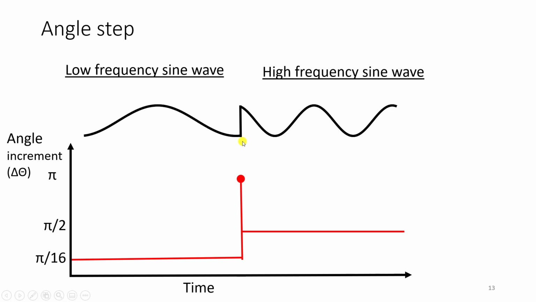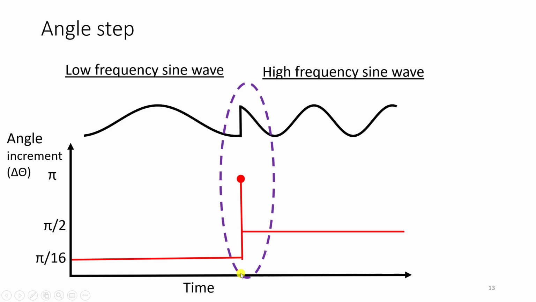This jump right here is because to go from this point to this point, we had to add pi radians. And so this jump in angle, an angular step, caused that frequency leakage because the derivative of phase is frequency. And so that's causing the problem right here.